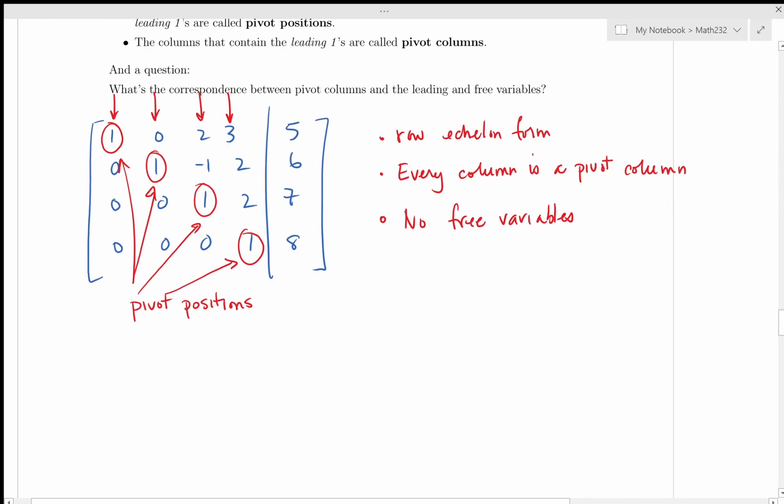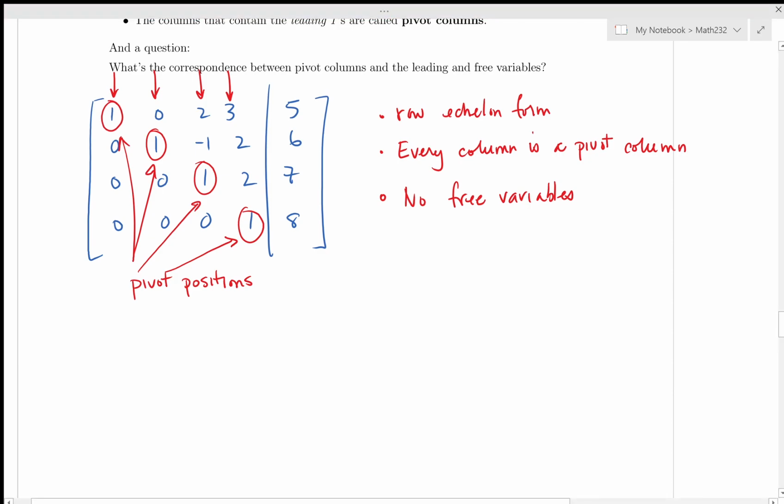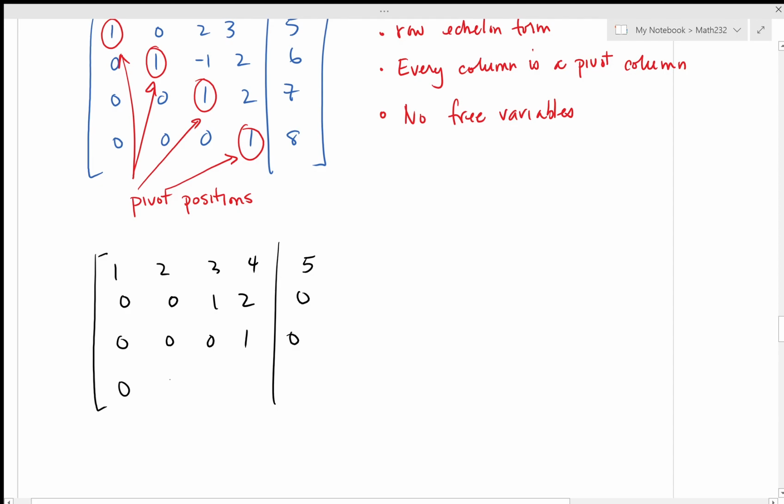Okay, let's take a second example. Let's circle those leading ones.